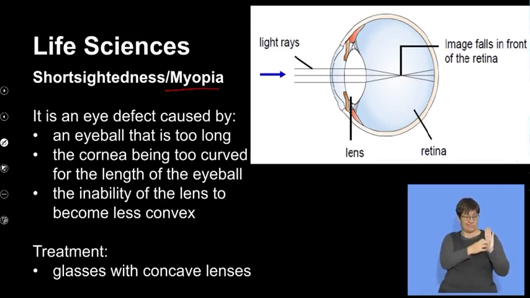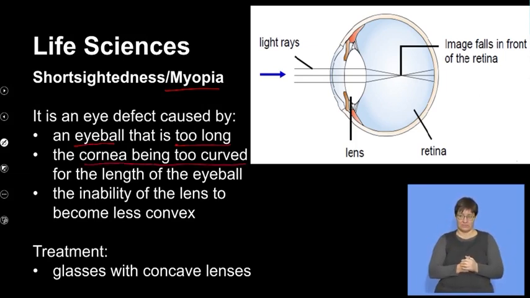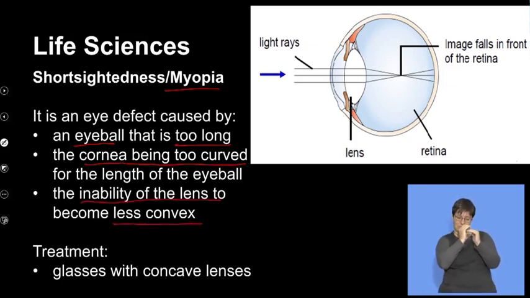When we look at this diagram, it is an eye that has this type of defect, short-sightedness, where we see the eyeball is too long, and the cornea is too curved for the length of the eyeball, and then the inability of the lens to become less convex.